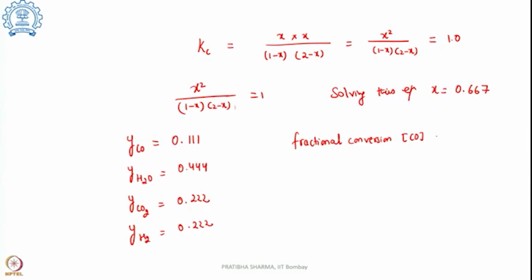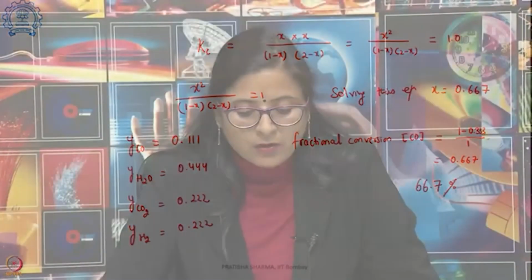So, the fractional conversion is given by 1 minus 0.333 divided by 1, which is again 0.667, the same value as x. We can find the percentage by multiplying by 100, so it comes out to be 66.7%.